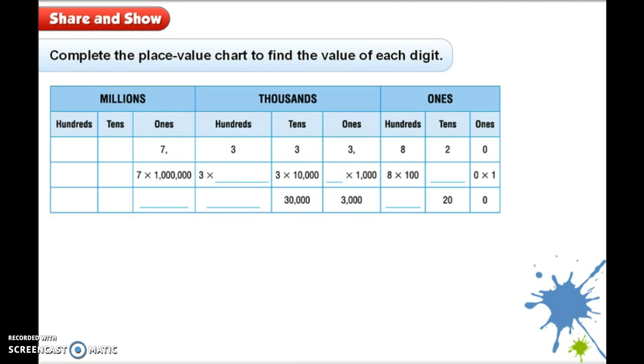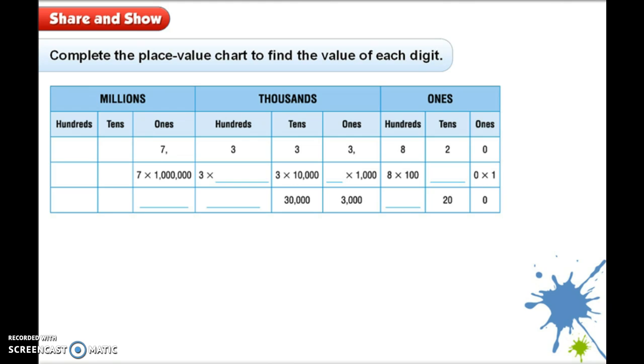All right, now we're moving on to the share and show, which is page 11. This looks like it's the chart at the top of page 11. It says complete the place value chart to find the value of each digit. And the number they give us is 7,333,820. So 7 times 1 million.